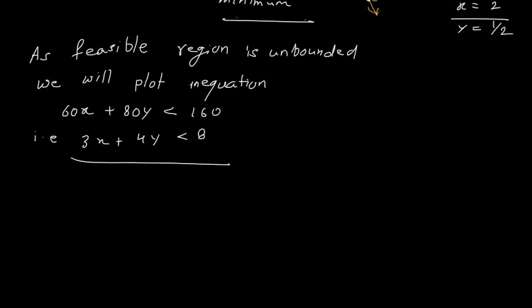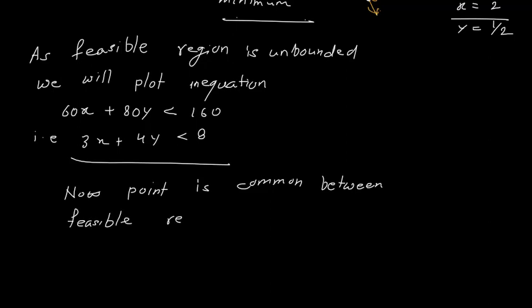So no point is common between the feasible region and the inequation 3x plus 4y less than 8.